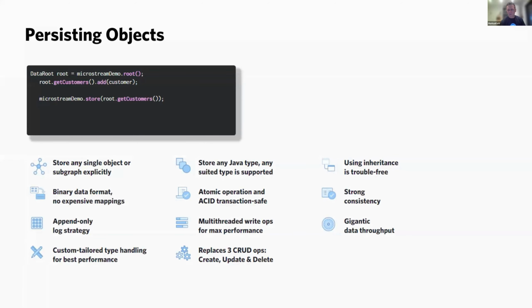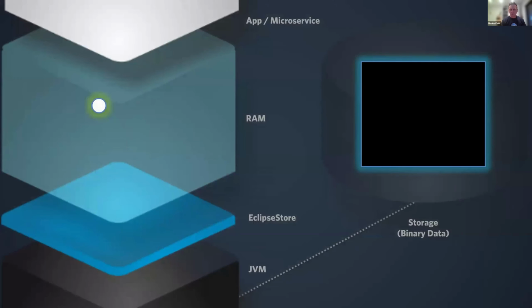Then we just have to call a store method. We need this root object, and then we can add some objects to it and call a store method. With the store method, EclipseStore creates a binary representation and stores the binary appended to the file storage.